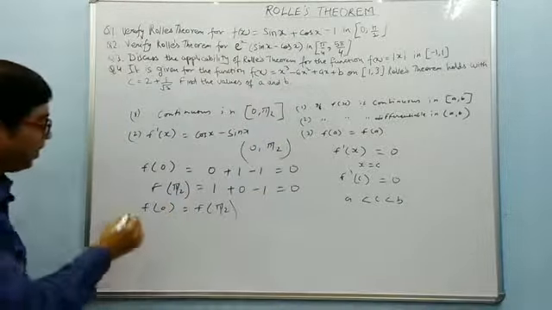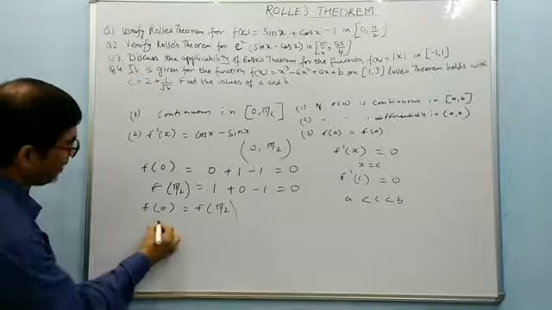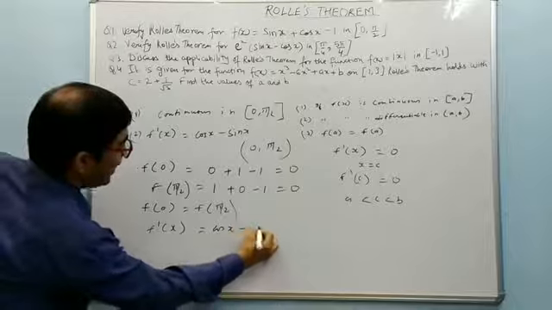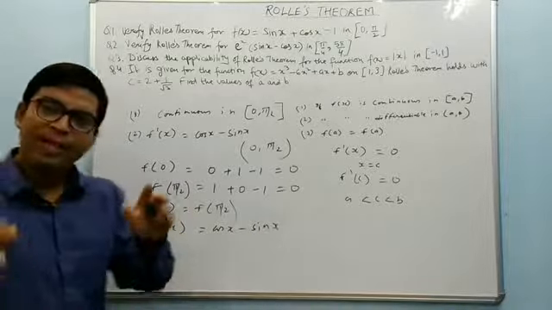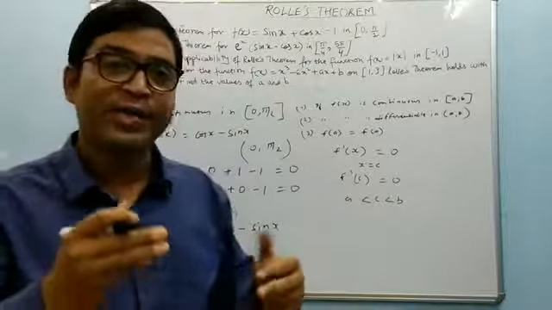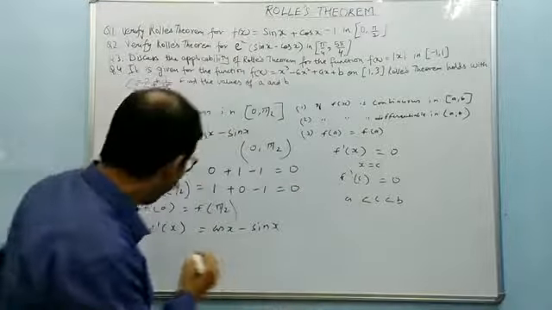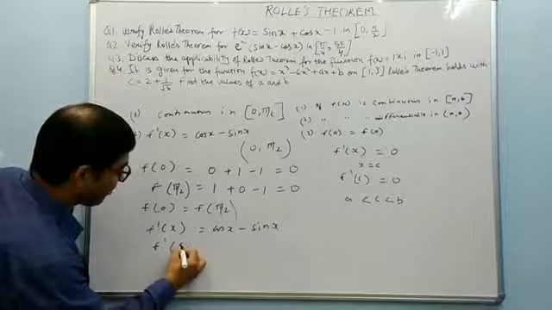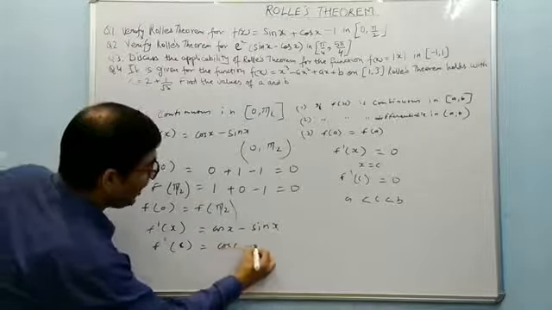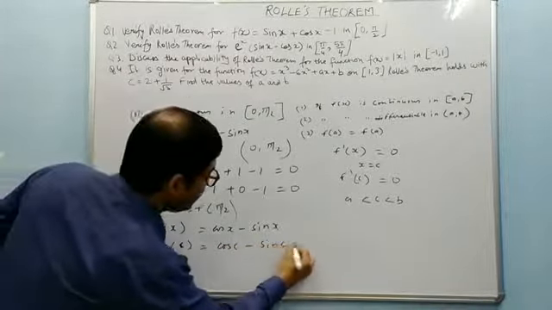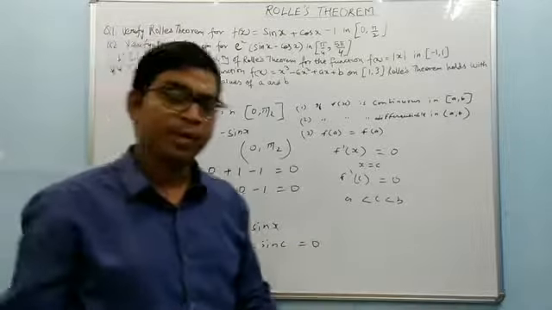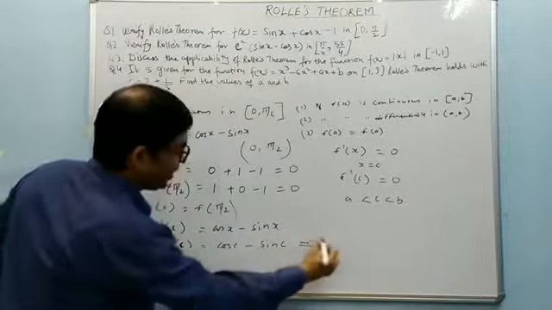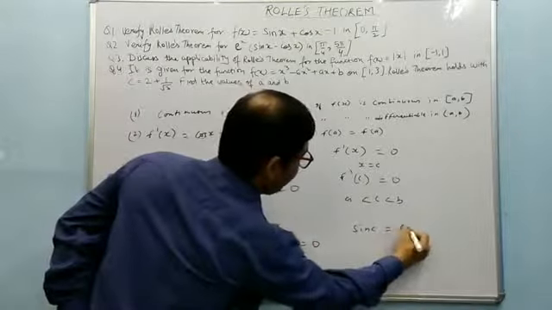We will see it. Now f dash x is cos x minus sin x. We term that point as c. The value of x we take as c. So f dash c, you just write c in place of x. So it is cos c minus sin c is equal to 0. We have to get the value of c. So it is coming out like that, sin c is equal to cos c.